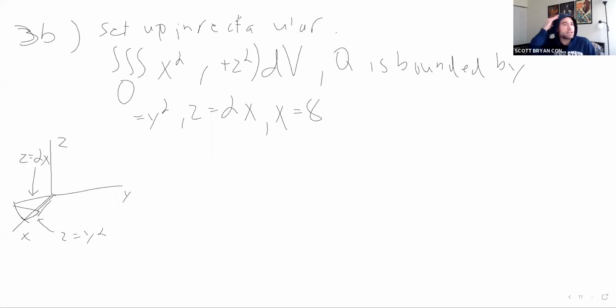Top and bottom is going to be nice because we're already given the top and bottom surfaces. So let's say it's z simple. What's our bottom surface? z equals y squared is the bottom, and the top is z equals 2x.